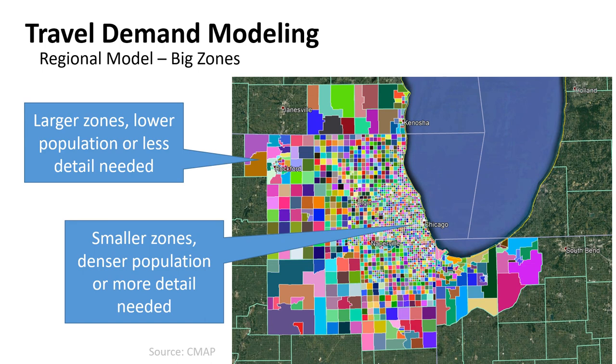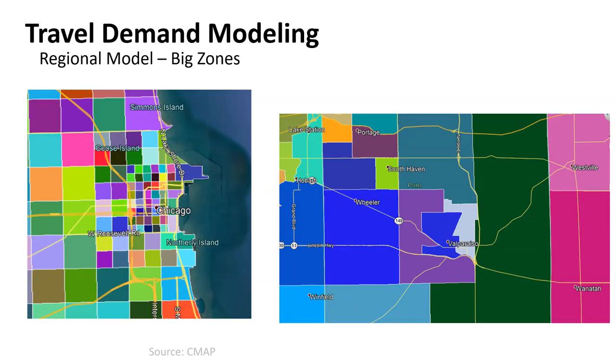Here's the downtown loop. They're using smaller zones in here, and their local model would be even smaller than this probably for the loop, but this is working well for their regional model. And Valparaiso even has its own little model. So that's our introduction to travel demand modeling.